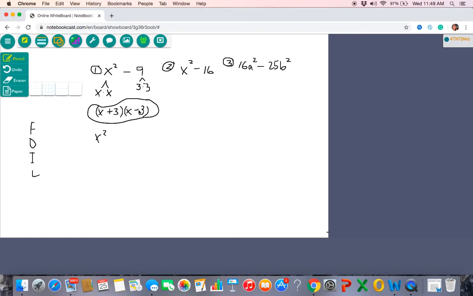x times negative 3, those are the outer ones, is negative 3x. The inner, 3 times x, is positive 3x. And 3 times negative 3 is negative 9.